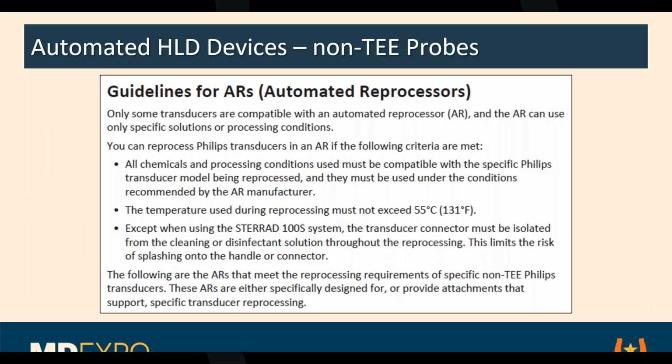At least know what you're up against when you're talking about automated reprocessors. They'll list the criteria, and you can match that with the specs from the companies making the automated reprocessors. Make sure those things match. That's really, really important to do.